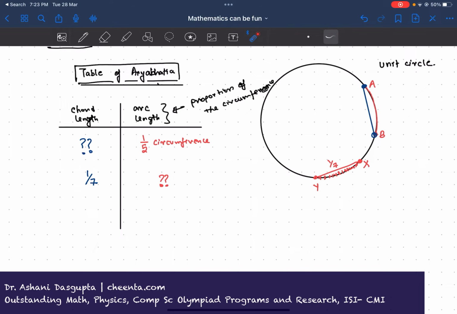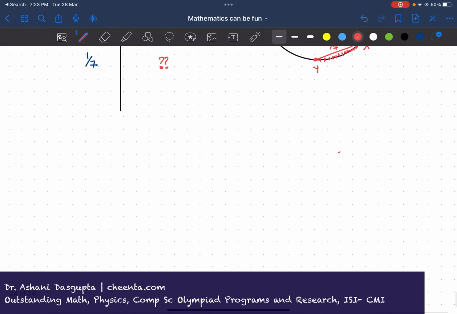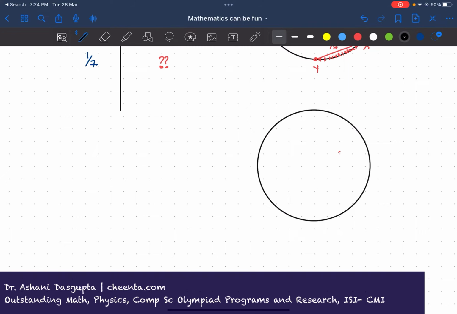And we saw in the last video that if I draw the circle one more time, if the length of the arc AB is 1/6 of the circumference, then the length of the corresponding chord is 1.